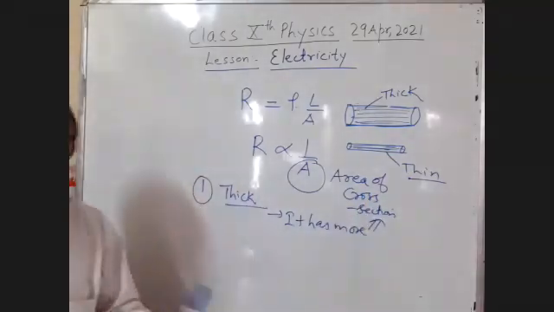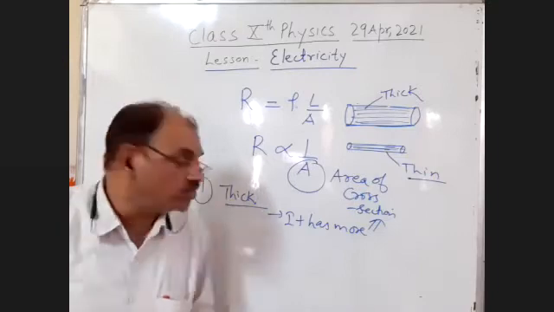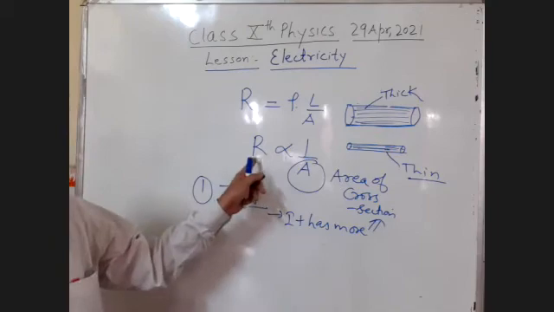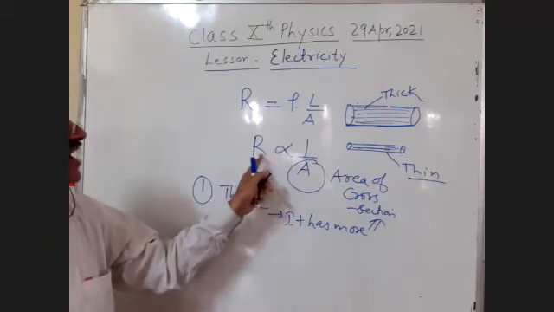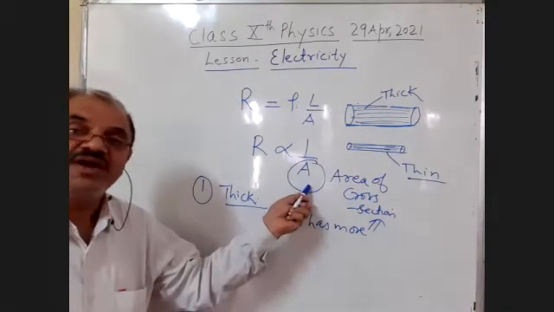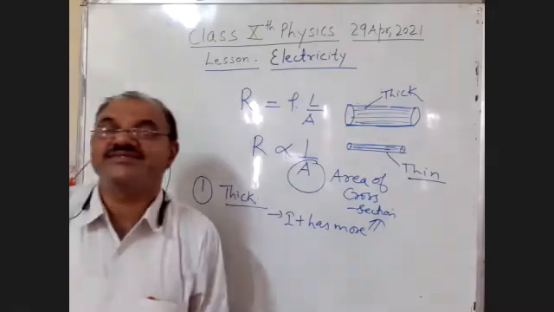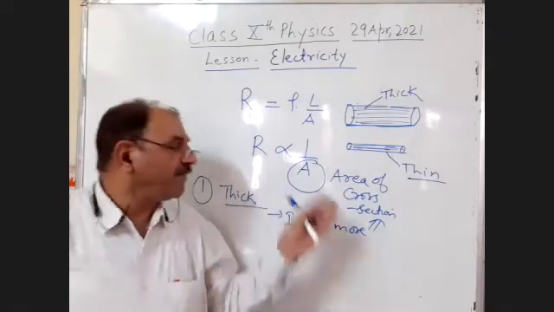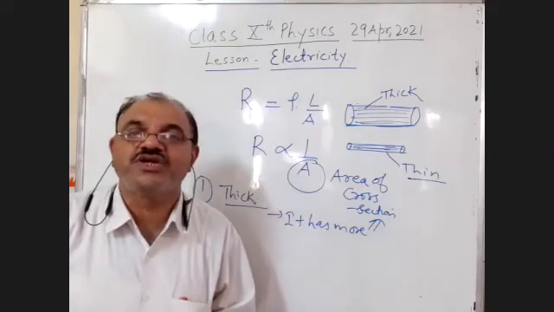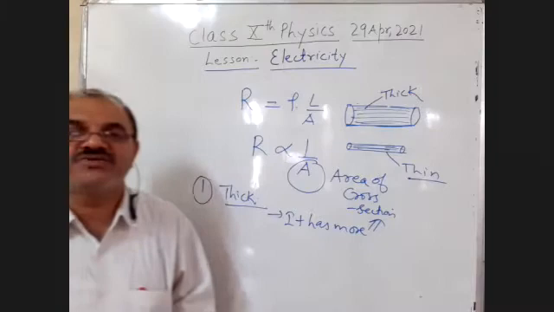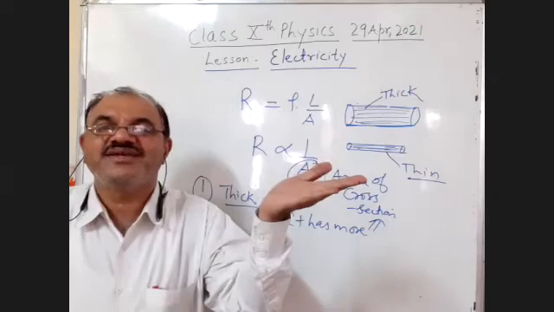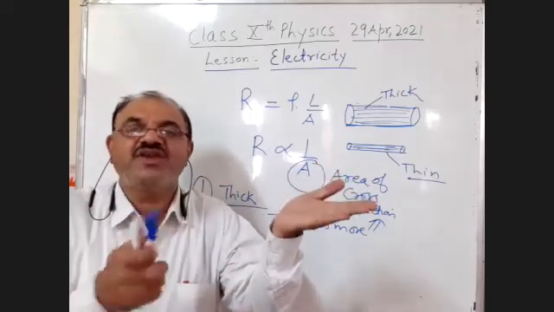Now, students, as per the statement given in your question number 2, the thick wire has more area of cross section. Now, in this formula, R is inversely proportional to 1 by A. If the area of cross section is more, definitely the resistance will be less, because resistance and area of cross section are inversely proportional to each other. Already I explained to you, students, that in inverse proportion, if one quantity is increasing, the other quantity will reduce.